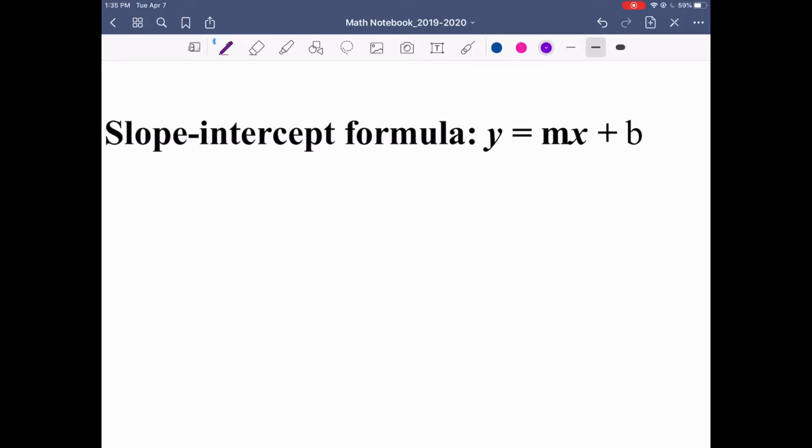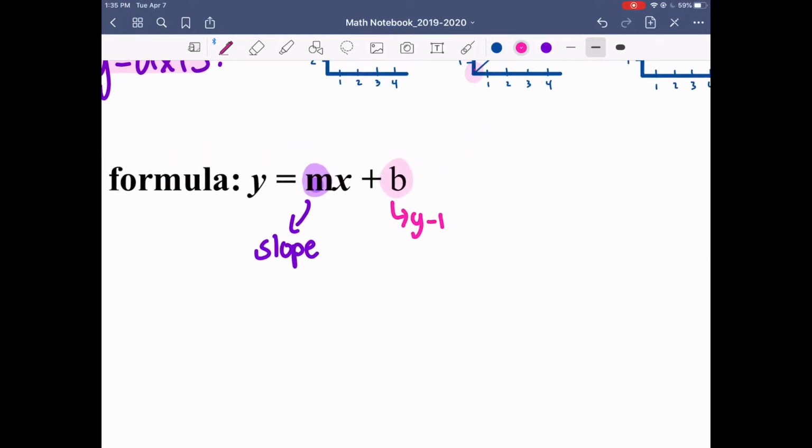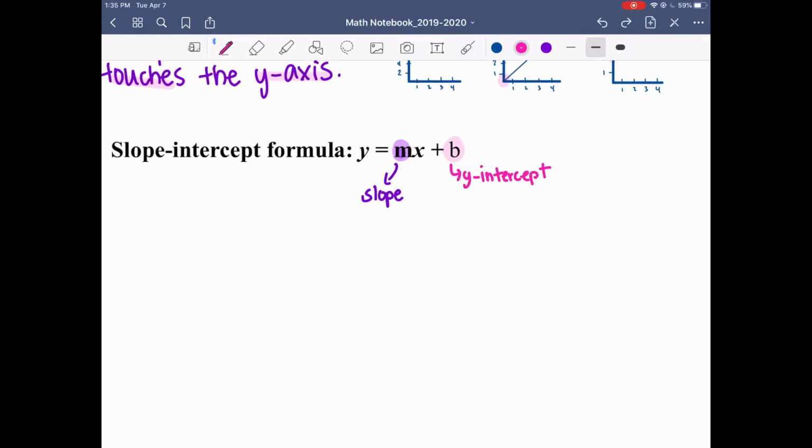And we know already that m represented the slope and b represented the y-intercept. And so if we have those two pieces of information, we can plug them into our formula.